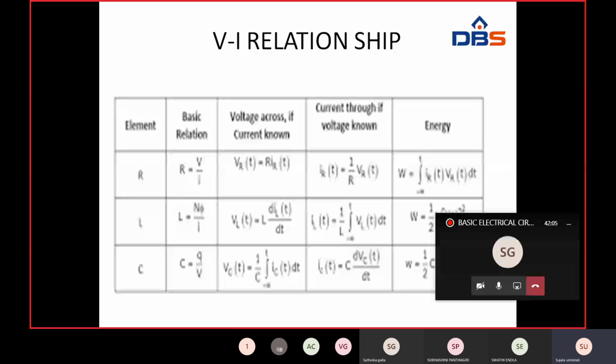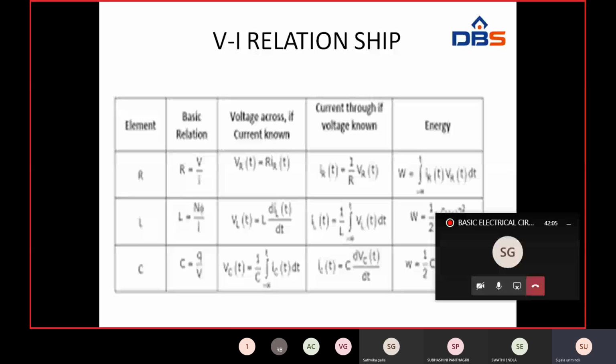The same for the capacitor: the voltage is the integration of the current, and the current is the differentiation of the voltage.